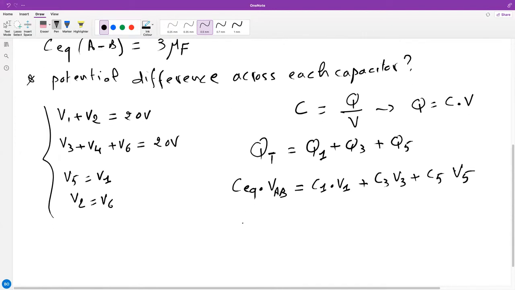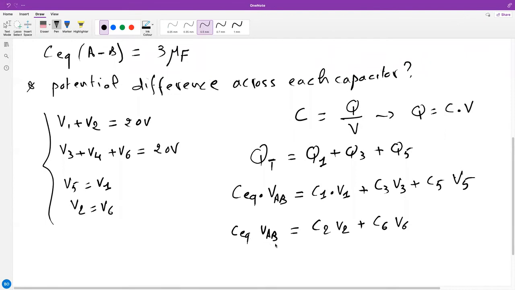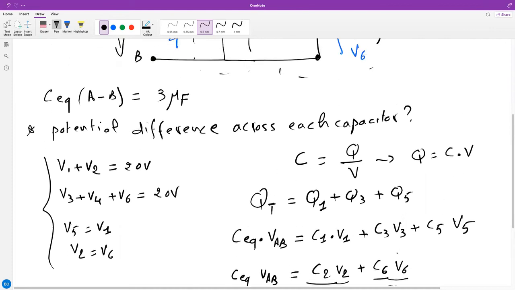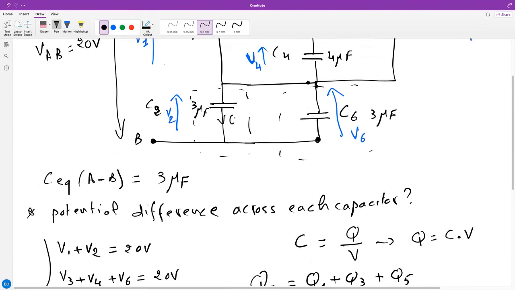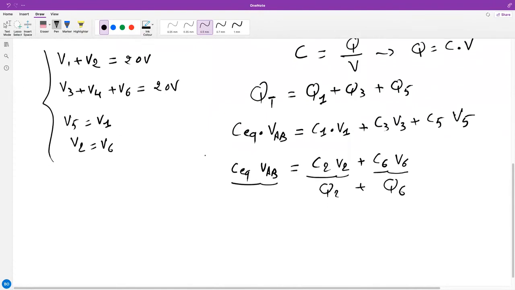We can also see that this total charge is equal to the charge Q2 plus the charge Q6. They come from here and go into the total charge. So the charge on Q2 plus the charge on Q6 is equal to the total charge QT.